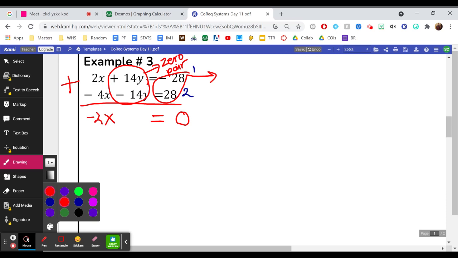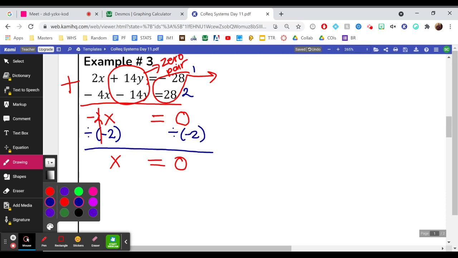Because I don't want to leave it blank. Now, I don't have x by itself, so I'm going to divide both sides by negative 2. Negative 2 and negative 2, that's a 1. X is equal to 0. So that's my first part.